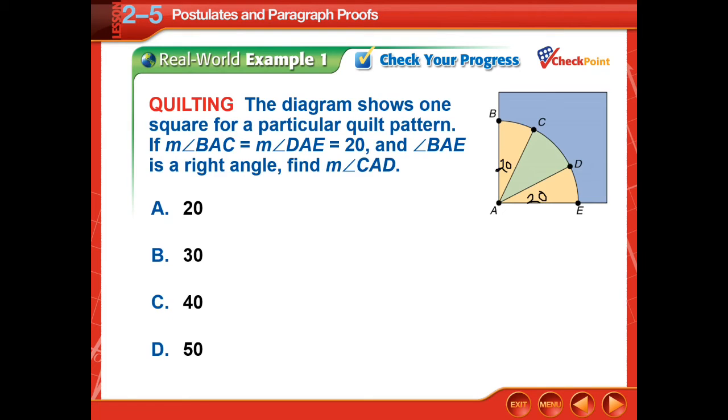And I know that BAE, or the whole thing, is a 90-degree angle, and I want to find the measure of this angle. So I would simply take 90 minus the sum, and therefore the answer is 50. So the measure of angle CAD is 50 degrees.